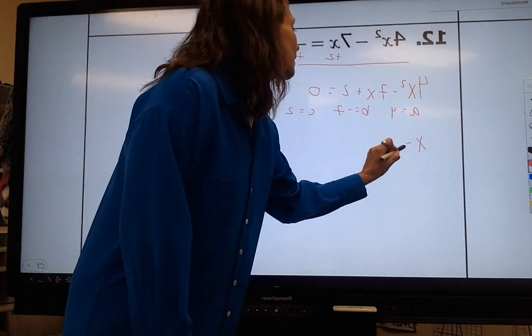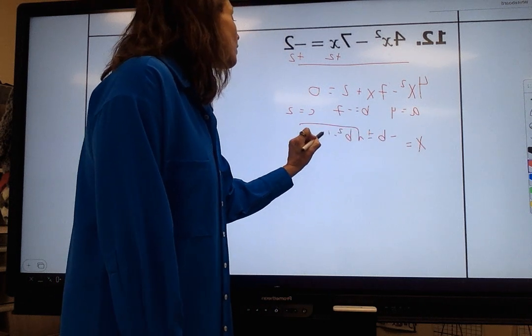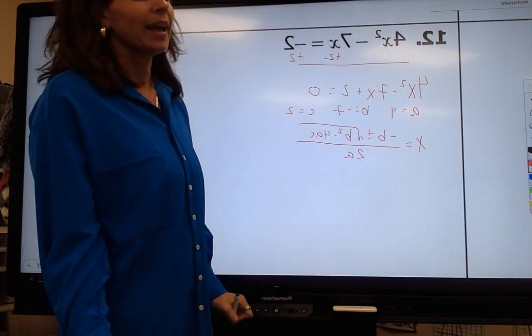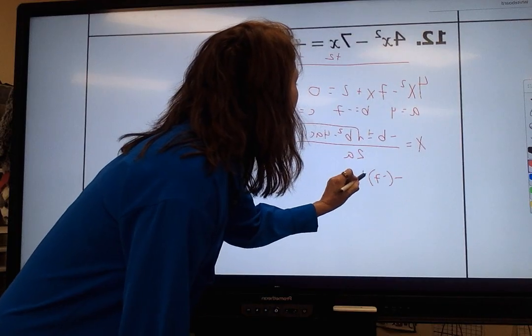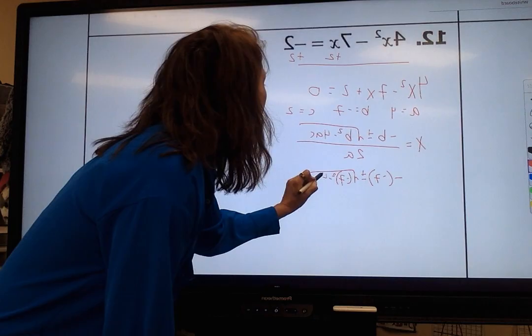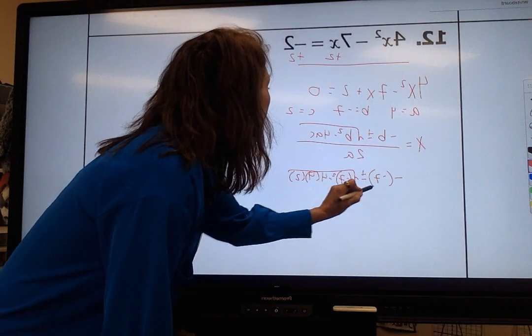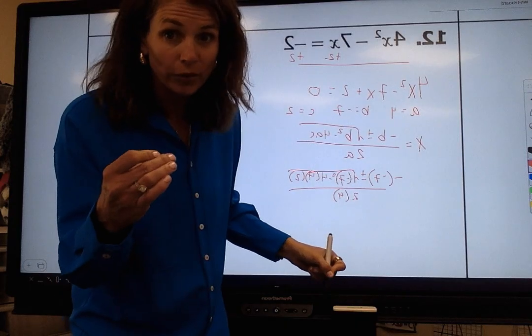So I get x equals negative b plus or minus the square root of b squared minus 4ac all over 2a. And then I just plug in some values here. So I get negative (-7) plus or minus the square root, (-7) squared minus 4 times 4 times 2, all over 2 times 4. I still put everything in parentheses.